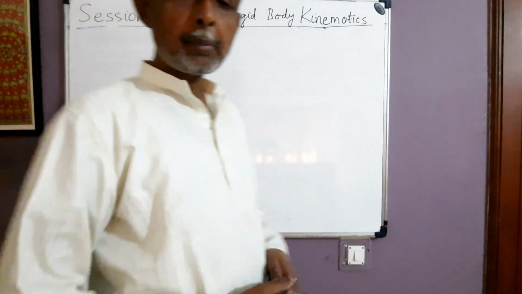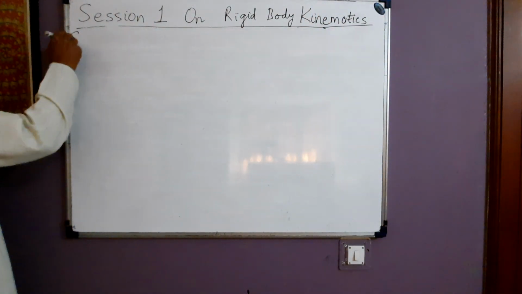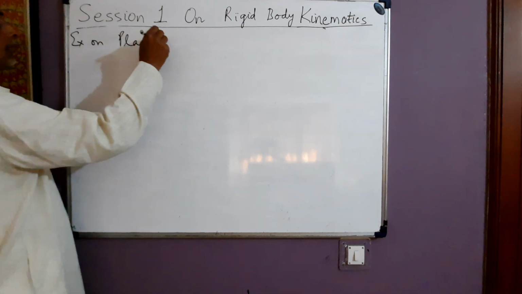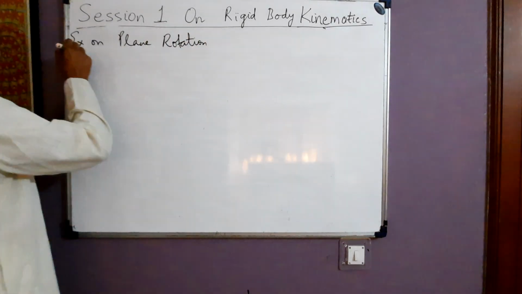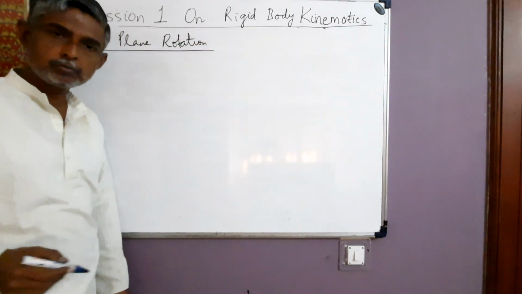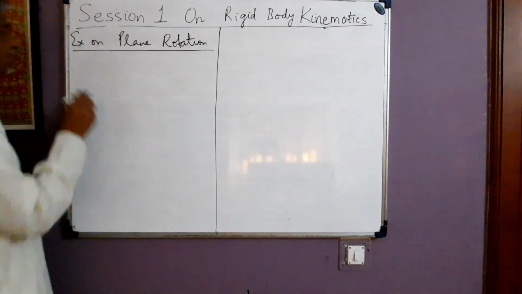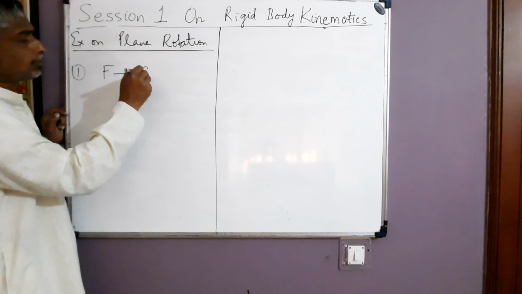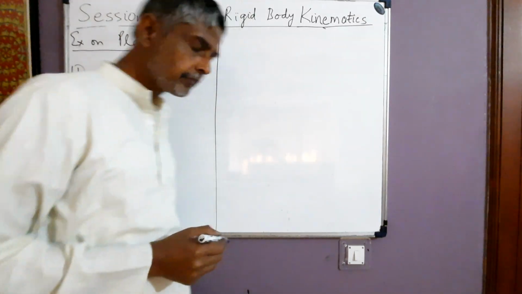Examples on plane rotation. First example. Suppose that instead of frame F we have the ground frame G.